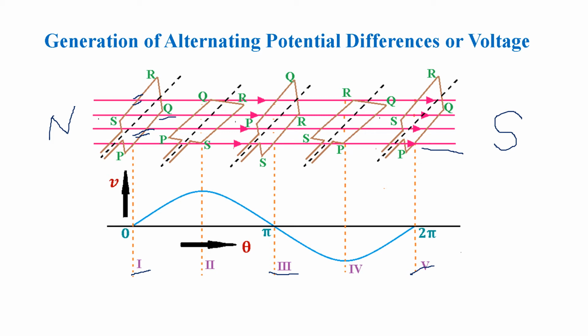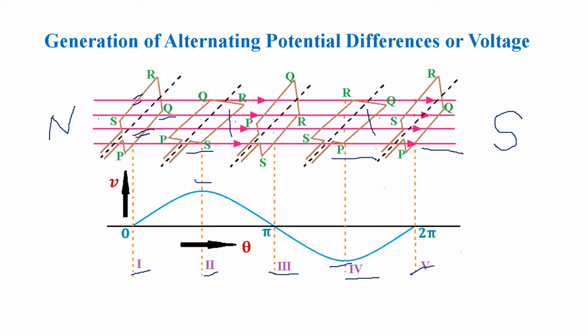Therefore, the voltage generated at positions 1, 3 and 5 is equal to 0. But when we consider the plane of the coil at positions 2 and 4, the plane of the coil is horizontal and the sides of the coil are moving perpendicular to the magnetic flux, and thus maximum flux is being cut and the EMF induced in the coil is maximum in these two positions.